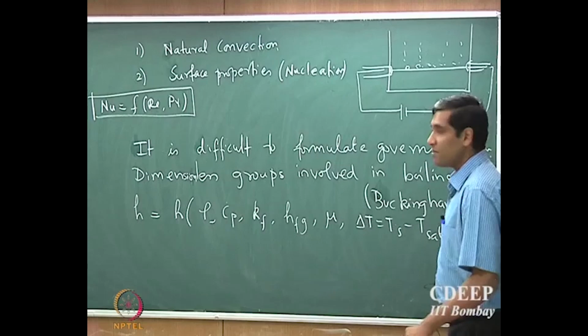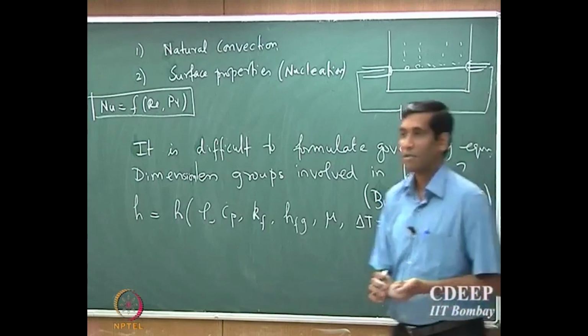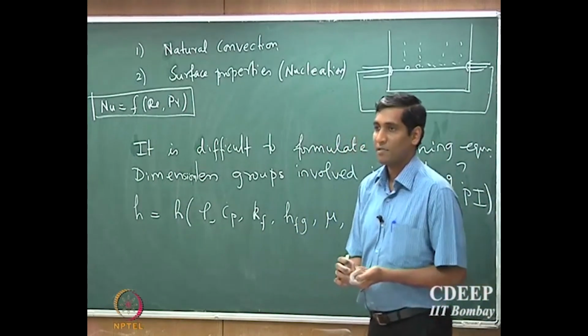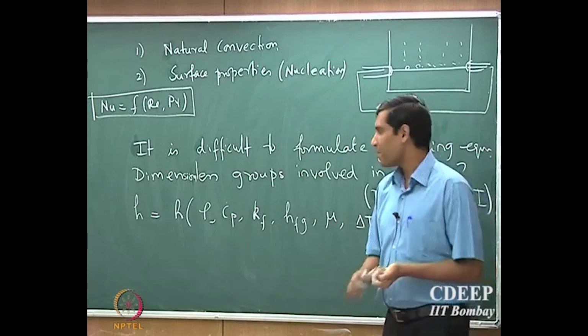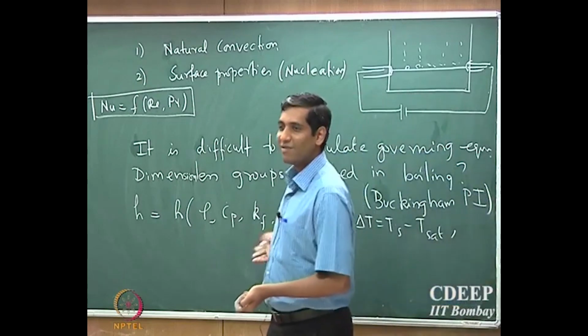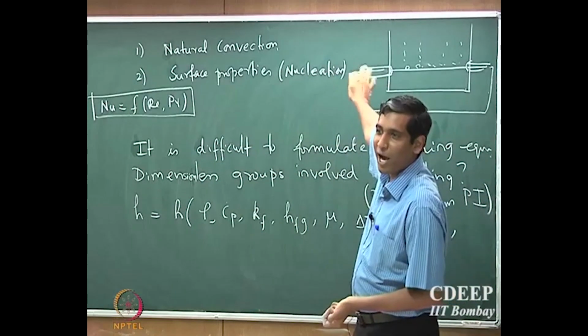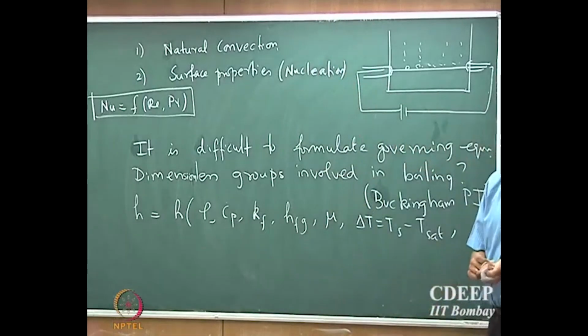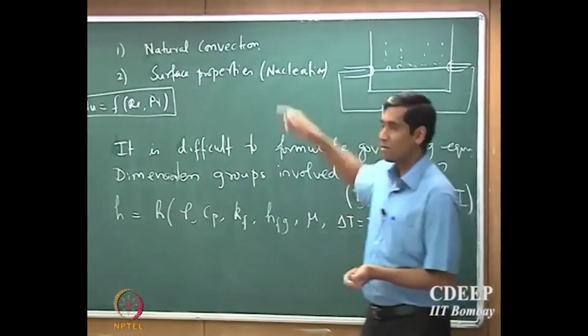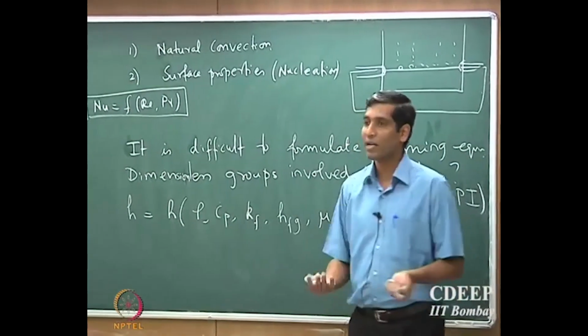And then what else? Particularly when we are looking at boiling, assume that the fluid is actually at saturation. So that's okay. What else? We said viscosity for natural convection, but what else?